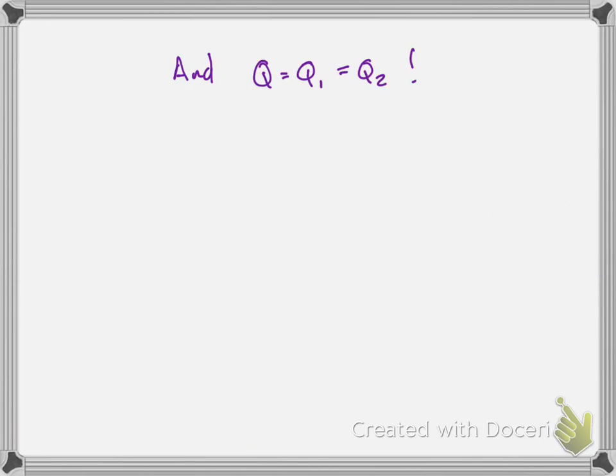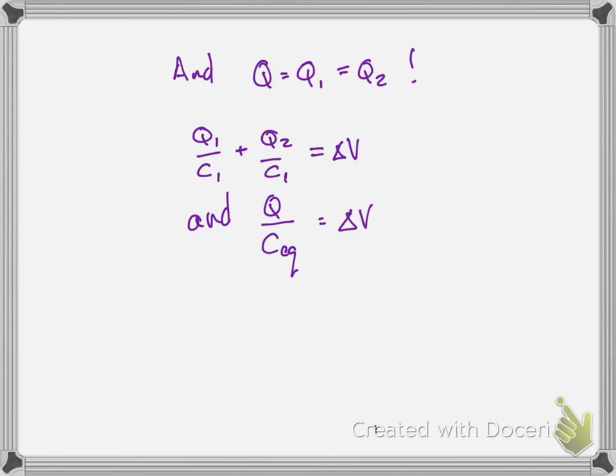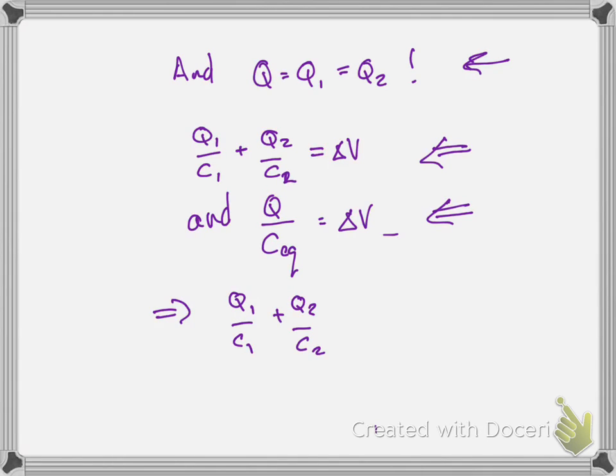So taking the equations from the previous page, for the capacitors in series we've got that. For the equivalent capacitance, we got that. And the fact that Q1 is equal to Q2 is equal to Q tells us that Q1 over C1 plus Q2 over C2 equals Q over C equivalent.